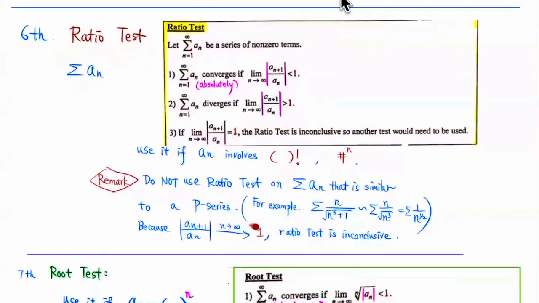Now, the ratio test doesn't work when the limit of the absolute value of this ratio is equal to 1, then you have to use other tests. So do not use the ratio test when the series is compatible to a p-series. Like this one is compatible to a p-series. Then you don't want to use the ratio test on that.